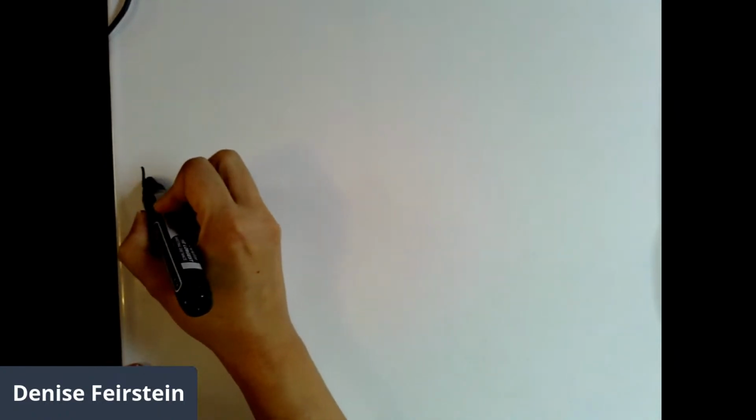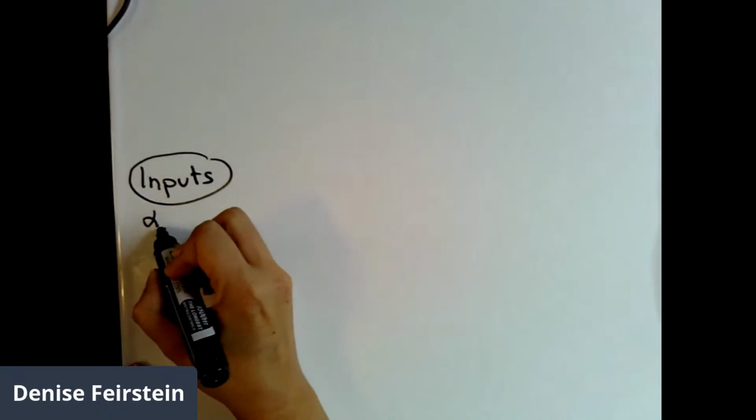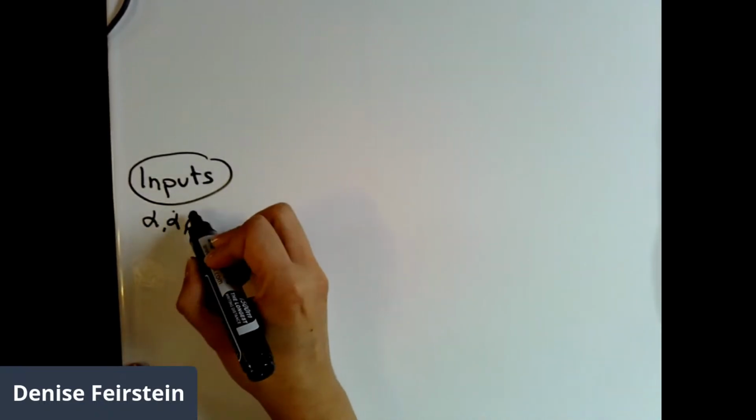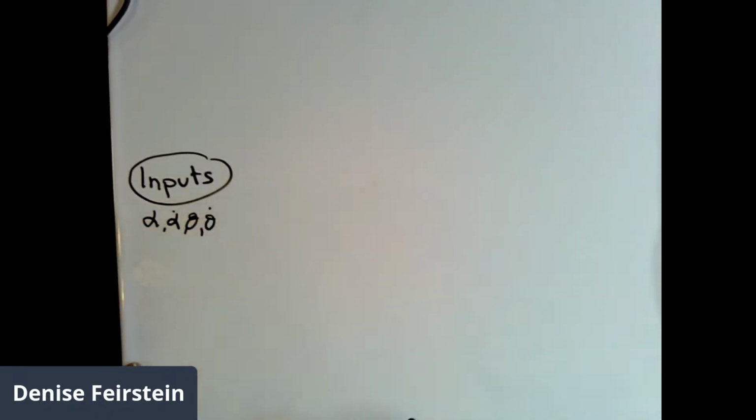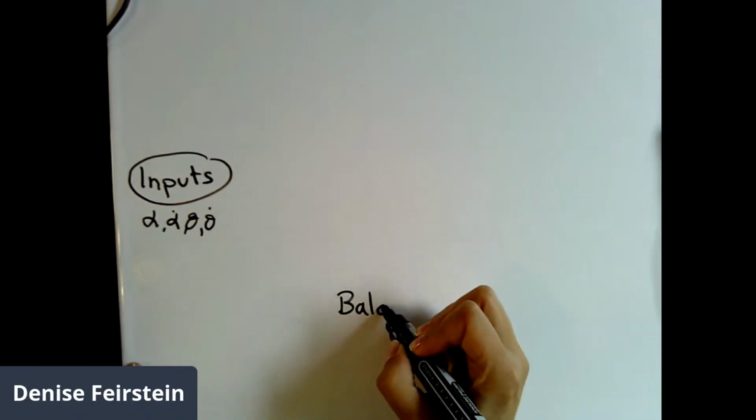All right. So we start, as I mentioned before, with our inputs. And those are alpha, alpha dot, theta, and theta dot. We're then going to have our balance concept.